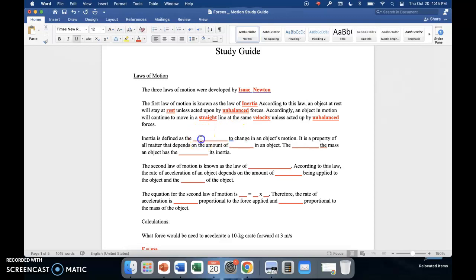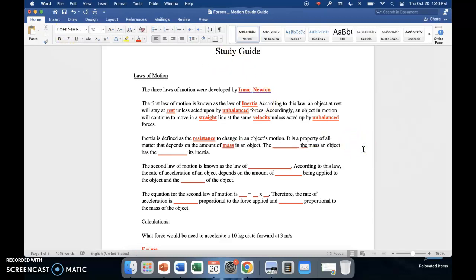As I mentioned earlier, what is inertia here? Inertia is resistance to change in an object's motion. It wants to keep doing what it's doing. It is a property of all matter, and it depends on the amount of mass. The larger the object, the more mass it has, the more inertia it has.